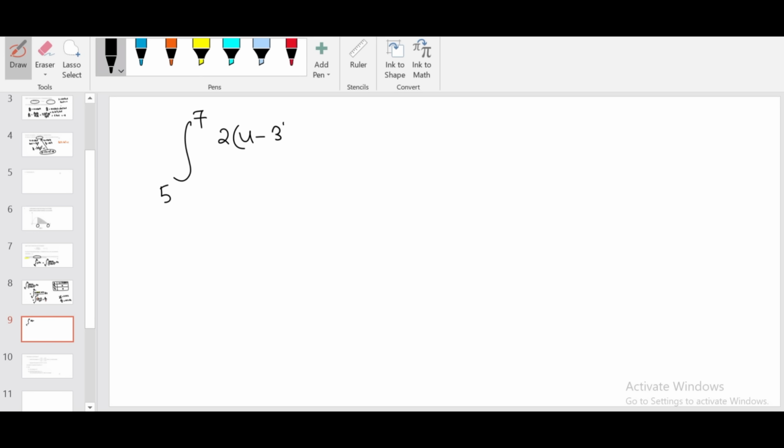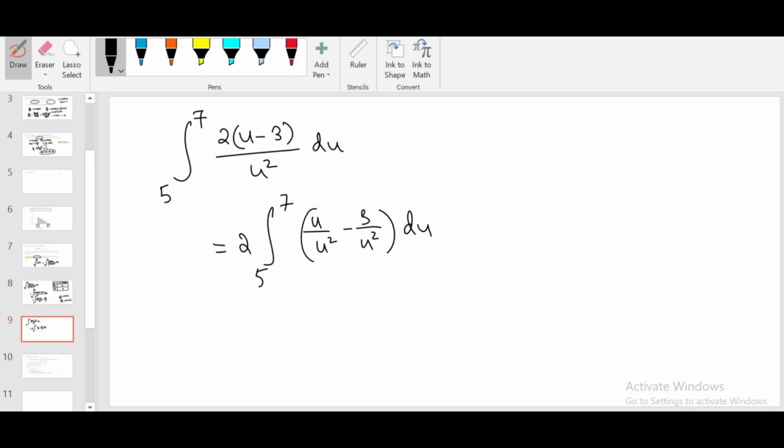2 times (u minus 3) divided by u squared, du. Split the terms. I can keep 2 outside: integral from 5 to 7 of u over u squared minus 3 over u squared, du, which is the same as the integral from 5 to 7 of 1 over u minus 3 u to the power minus 2.